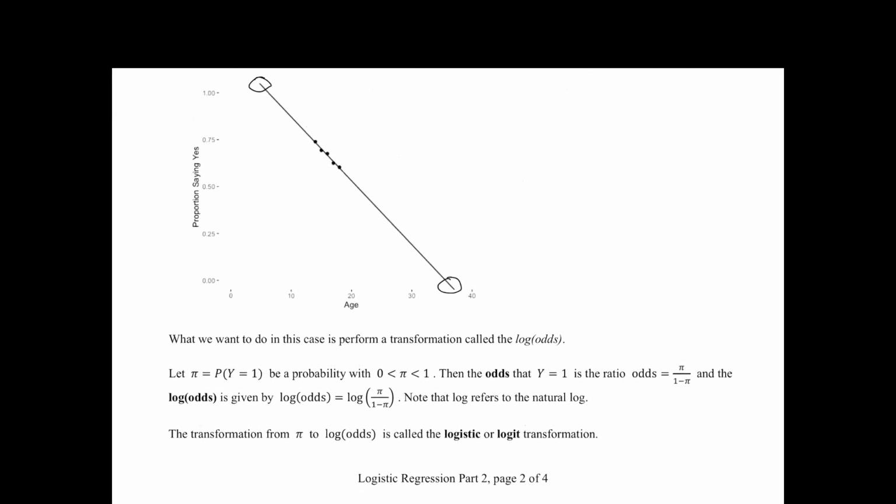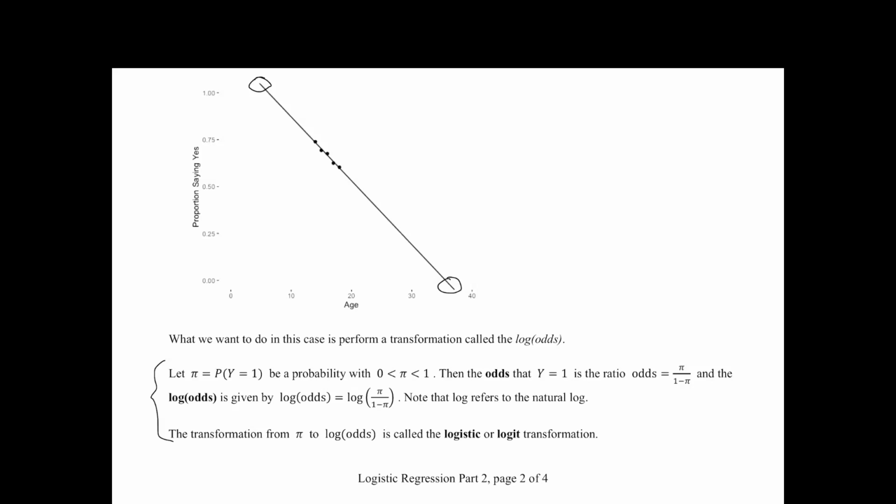So what we want to do is that same log odds transformation. So I just copied and pasted these lines from the previous. They're also in the previous file, the day 1 file, but just again it's helpful to have the definitions here. So we are starting with pi, which is the probability of success, or the probability that the response is 1.